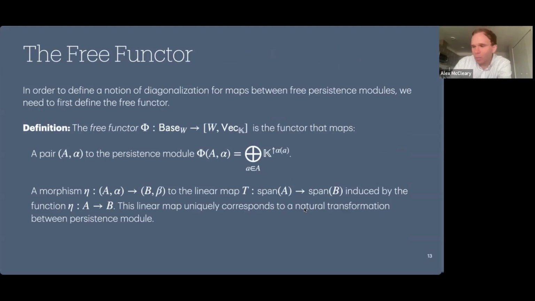So really, we can reduce the study of free persistence modules down to the study of vector spaces and linear maps between them. They have to work nicely with these functions we have, but we can identify natural transformations between free persistence modules with just linear maps between vector spaces.